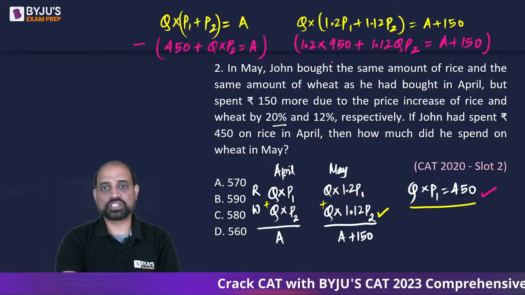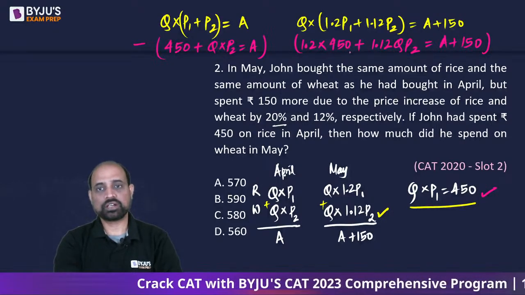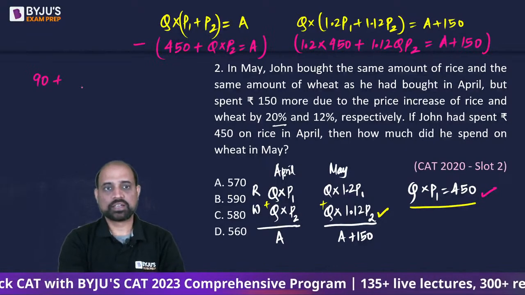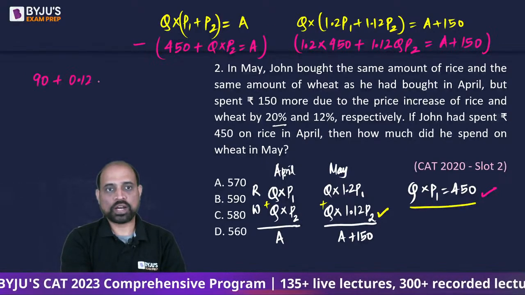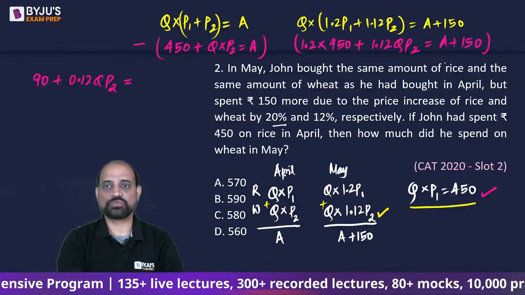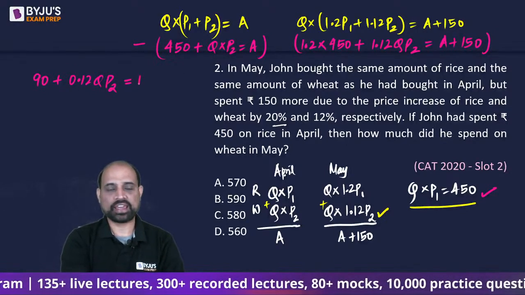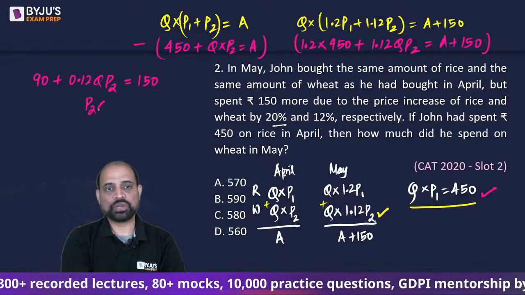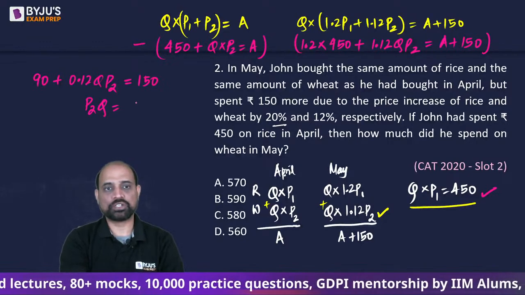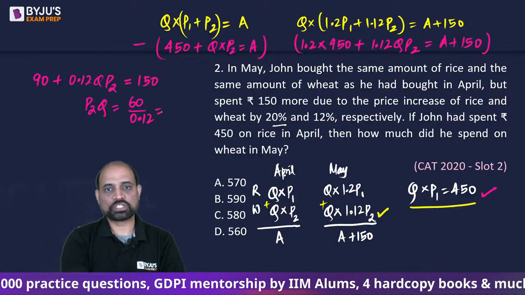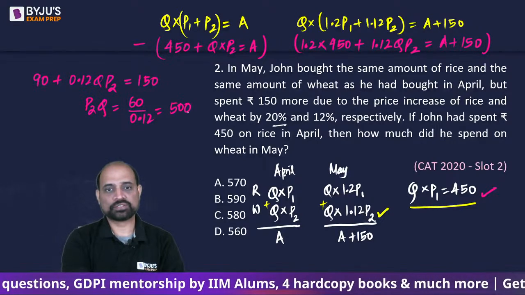So this is going to result in 90 plus 0.12 QP2, that is your LHS, and RHS will take care of A, and we'll be left with 150. So we will get P2 into Q is equal to 60 by 0.12. This will result in 500, right?